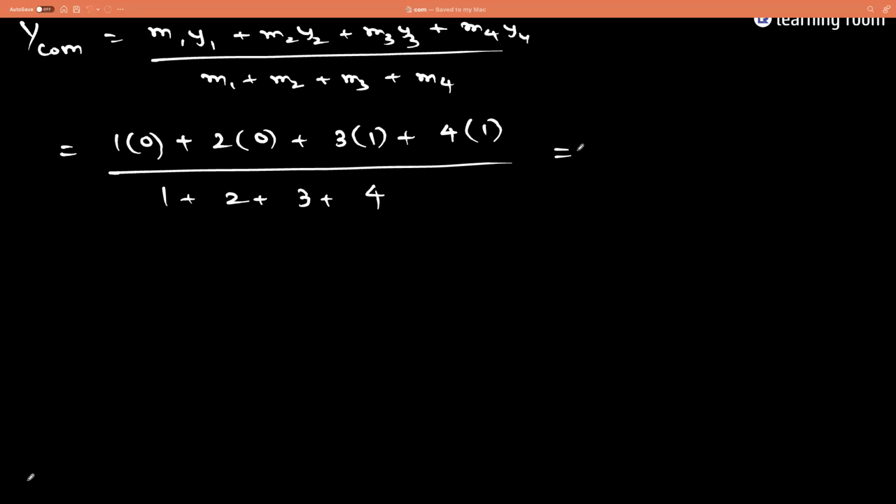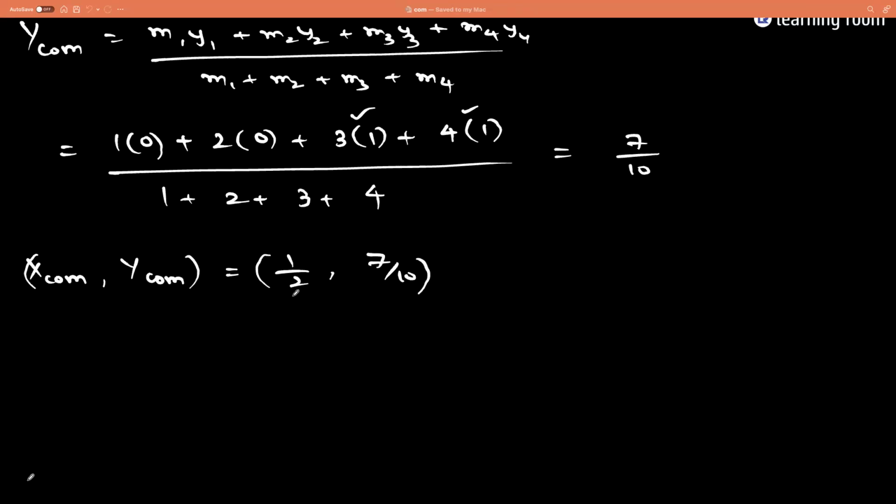So this is going to be equal to 3 plus 4 is 7, 7 divided by 10. So the x coordinate of center of mass, comma, y coordinate of center of mass is equal to half, comma, 7 by 10. And this will be the required answer.